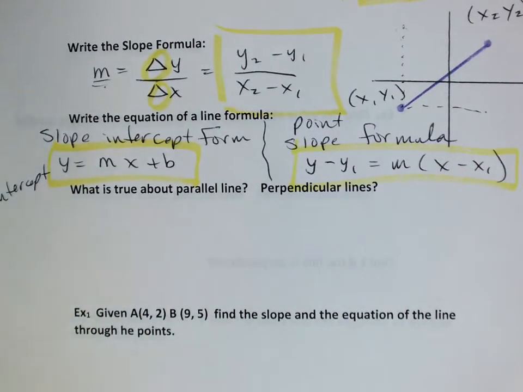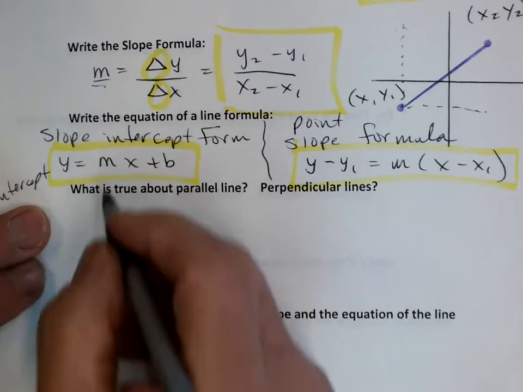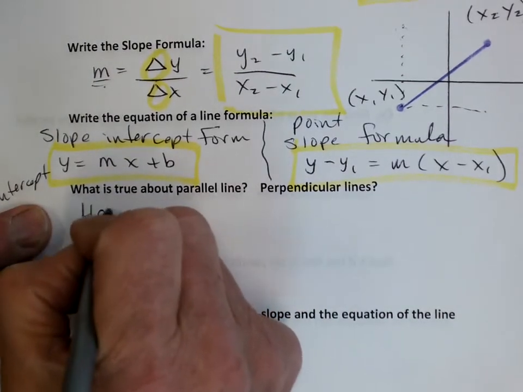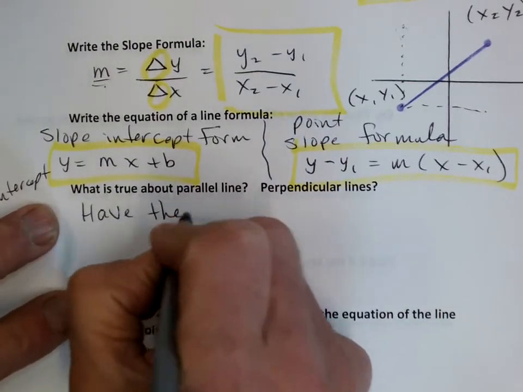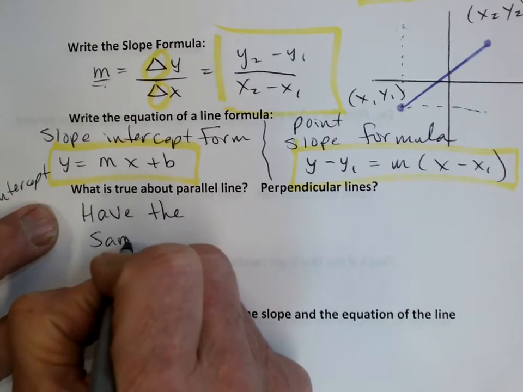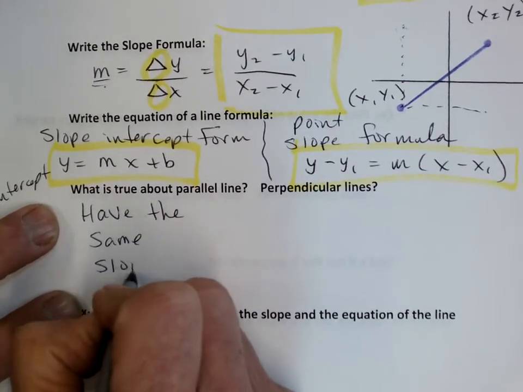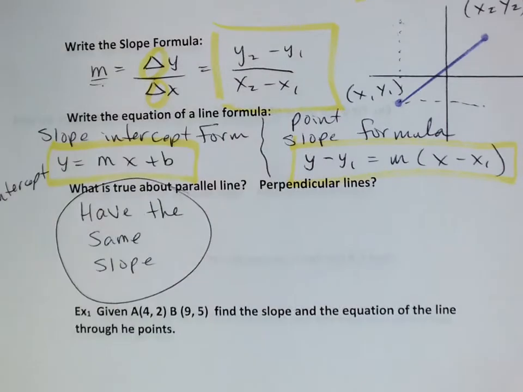What do we know about parallel lines? What do you guys know about parallel lines? Two lines are parallel because, yes, they don't intersect, but what do you know about their slopes? They're the same, right? So we know that parallel lines have the same slope. Yeah, we knew that from geometry.